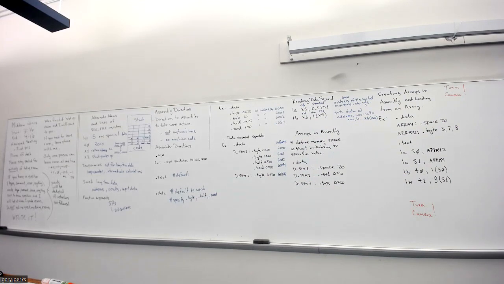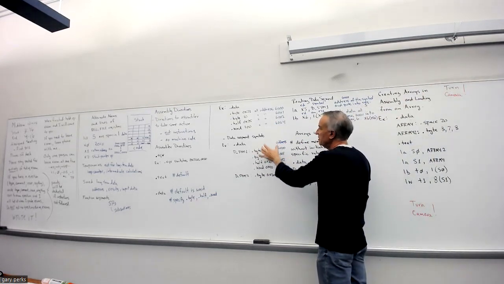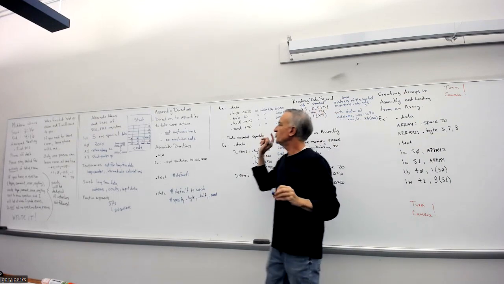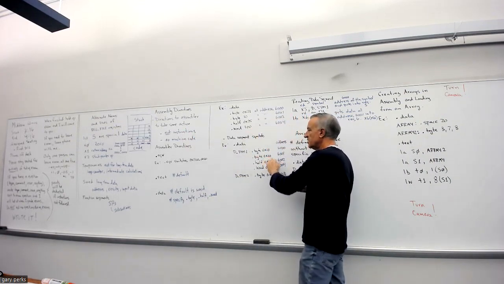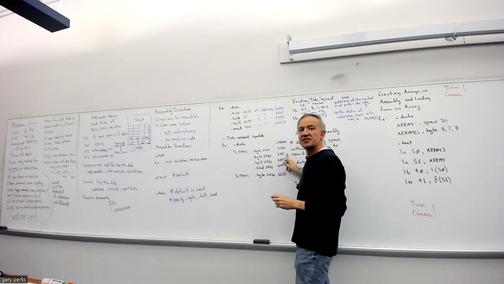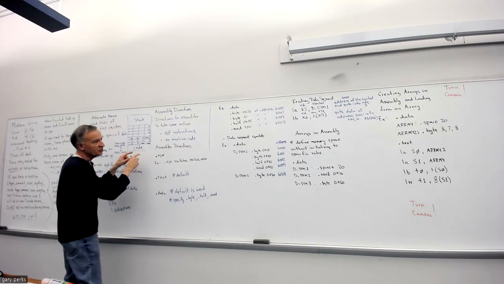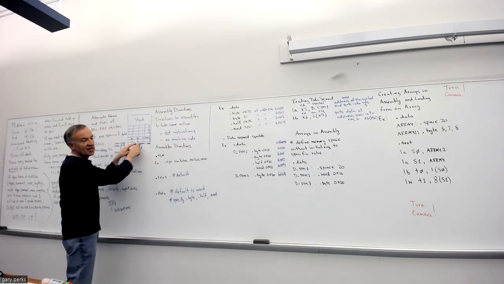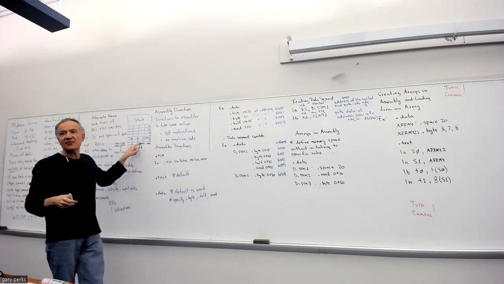If it was a word or a half word, we still use LB on it and it would just cut it. Oh, so you're saying like when we were putting data into the data segment, if this is a half word and it had the same address? Yeah. Okay. Well, then whatever that data in the half word was, it would use these 2 bytes. But if you do a load byte, it would just take that part of the half word.